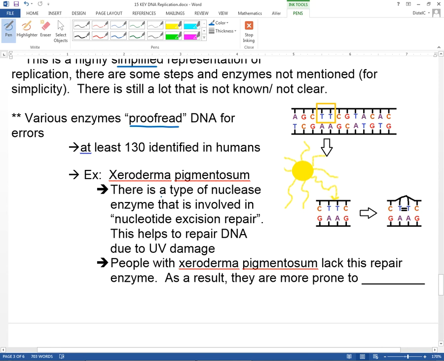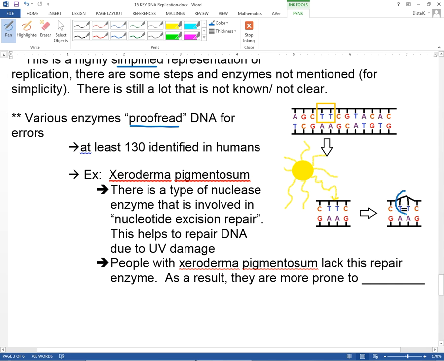So this is just a specific kind of a did you know side fact that there's a type of nuclease enzyme that's involved in nucleotide excision repair. So this helps repair DNA that's been damaged due to UV radiation. When you look at this, when the sun shines, sometimes it causes these thymines to bond together and kink this DNA like this.